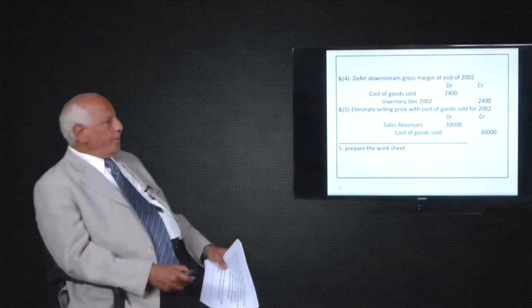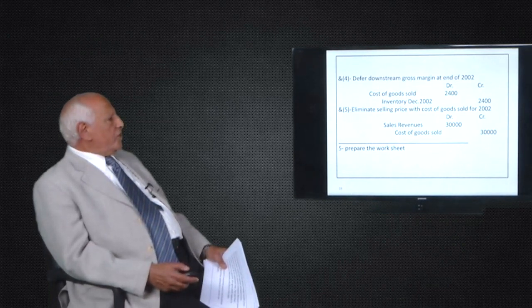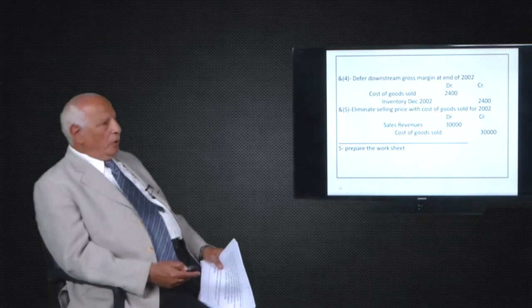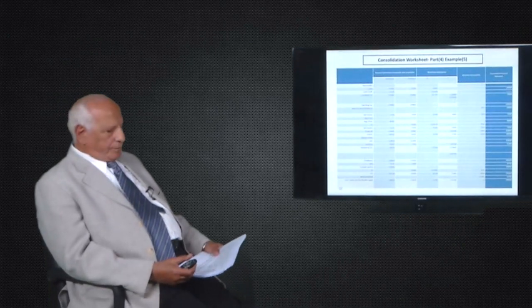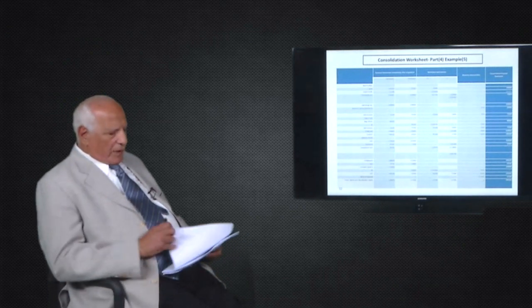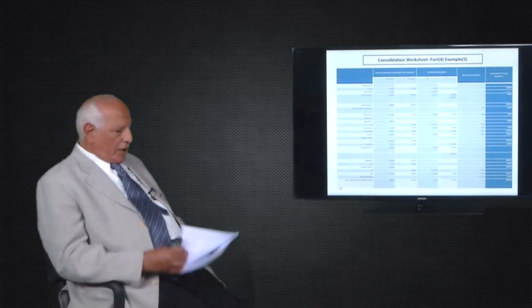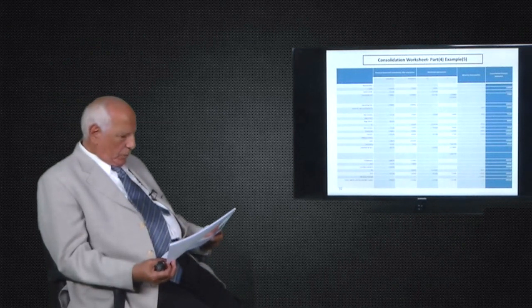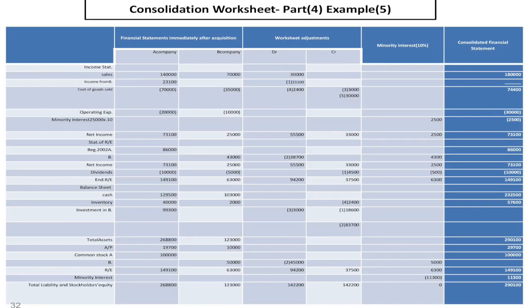That's this one. Okay. Question number 5 asks you to prepare the worksheet. Look at the worksheet here. If you look at the worksheet, something here is not right, but we have to look at it one by one. What do you have in this one?